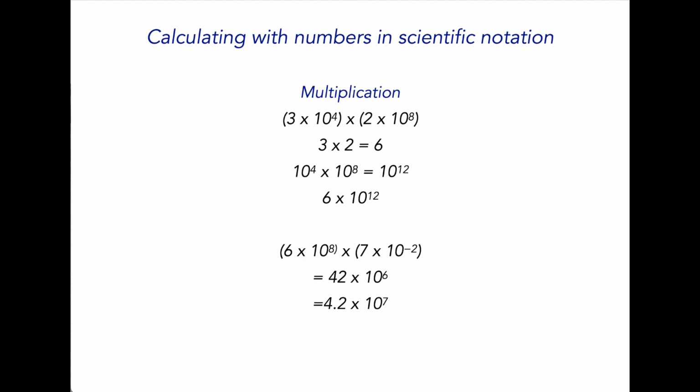But this answer is not in scientific notation because 42 is not between 1 and 10. So we have to convert 42 by dividing it by 10, giving us 4.2, and we have to multiply our exponent by 10, giving us 10 to the power of 7. So the correct answer to this question is 4.2 times 10 to the power of 7.